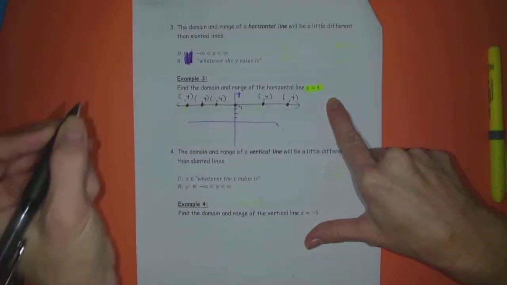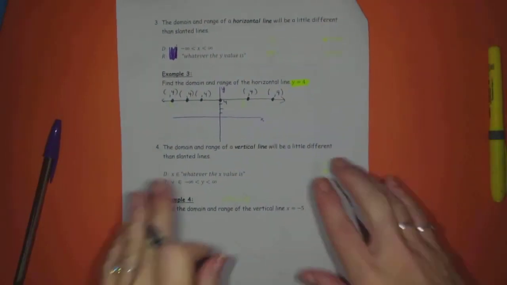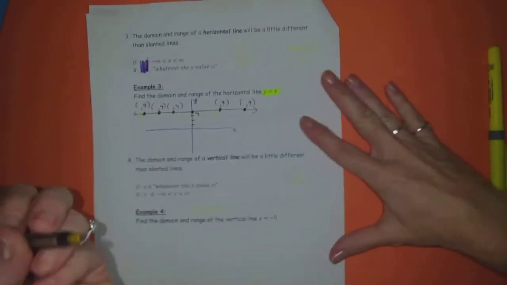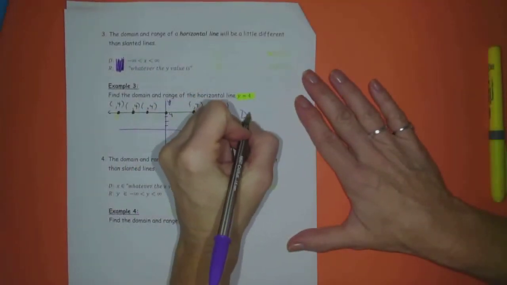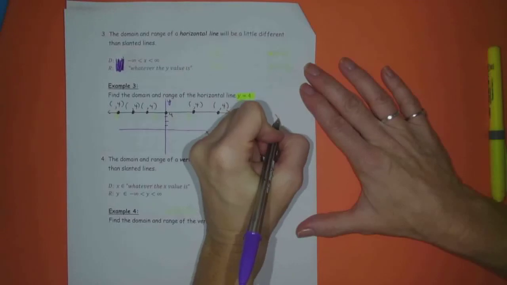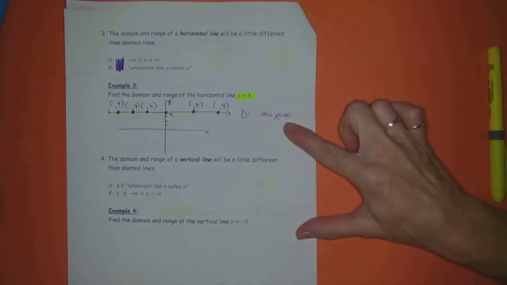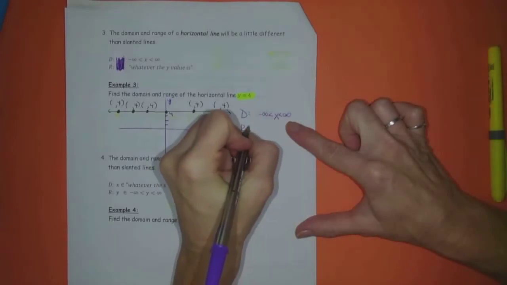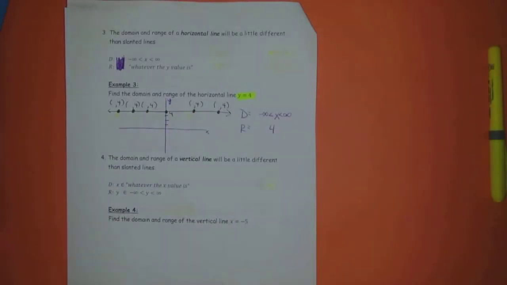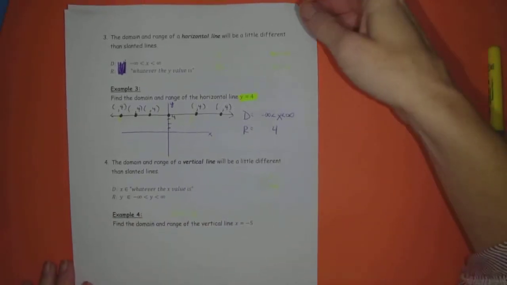So we've got a little different situation here. If I was doing the domain and range of example 3, I would say that the domain is everywhere, negative to positive infinity, but the range is just 4, y equals 4. So that's how you do that.